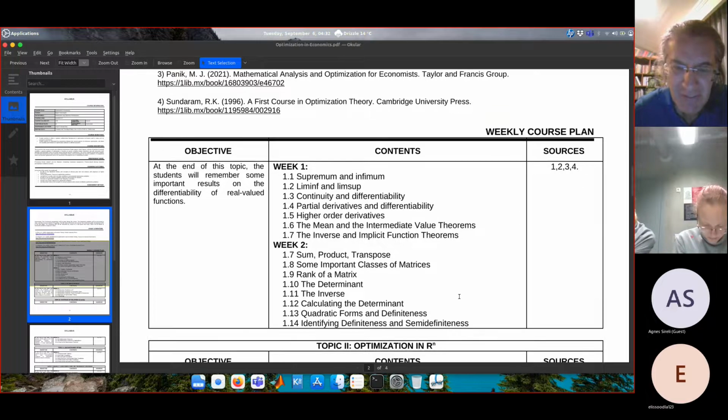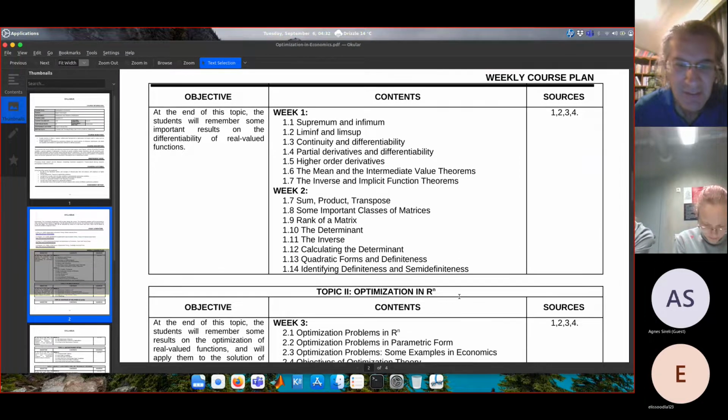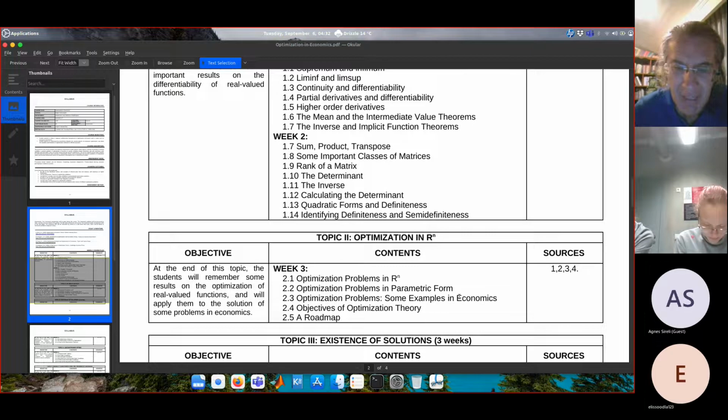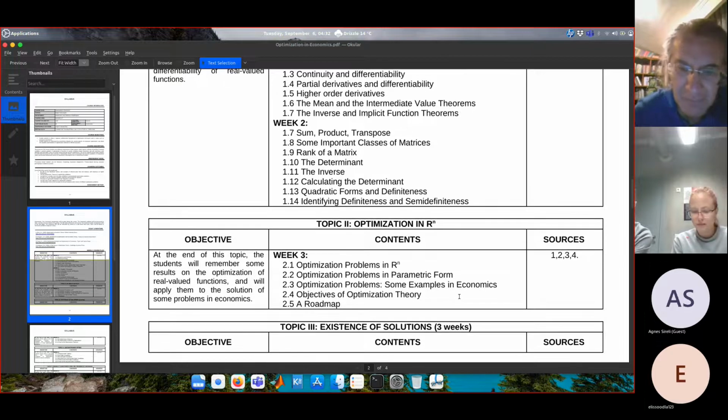Okay, so this is the preliminary section. Then we have topic number 2. This will be optimization in Rn. We're going to talk about how to optimize functions that go from Rn into R. And the objective is, at the end of this topic, the students will remember some results on the optimization of real valued functions and will apply them to the solution of some problems in economics.